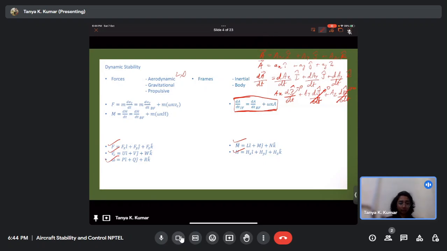Okay. Now let's take the derivative in the body frame. Here you have dx by dt.